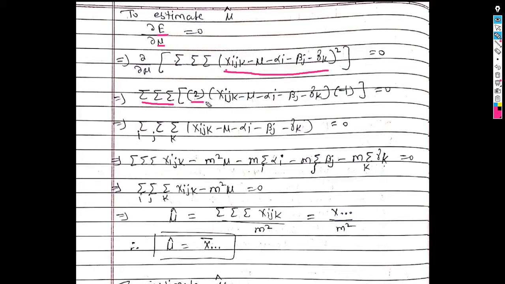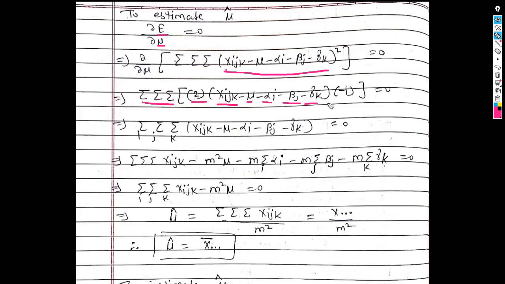We get 2 times the bracket xijk minus mu minus alpha i minus beta j minus gamma k, into minus 1. Suppose this term is x, then the derivative of x squared is 2 times x into the derivative of x, so we get this 2 into this term and again differentiate this term with respect to mu, so we get minus 1. Equate it to 0.